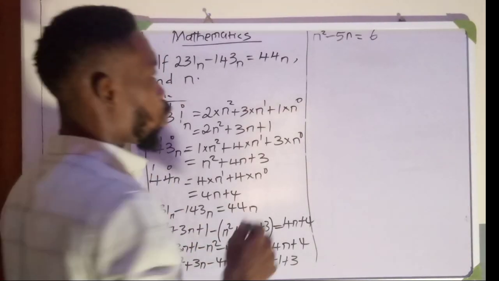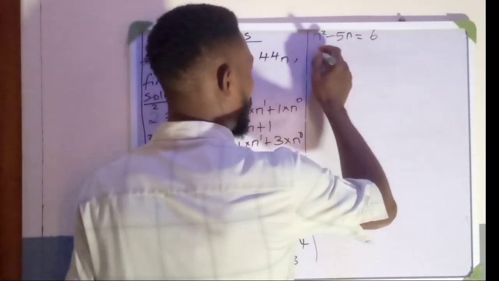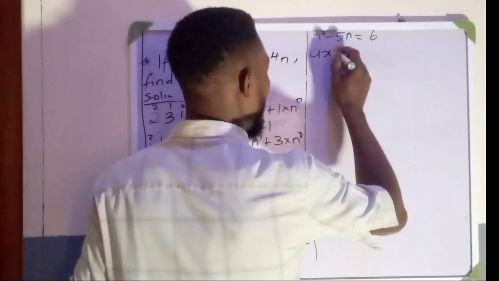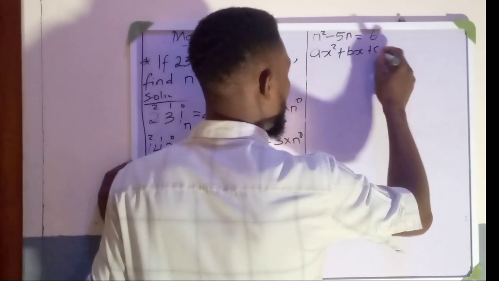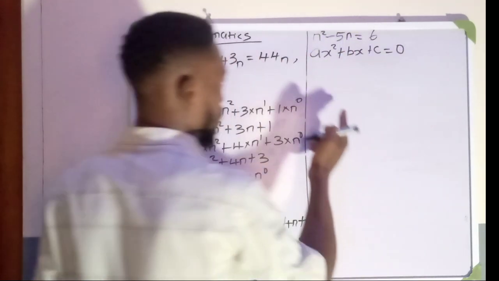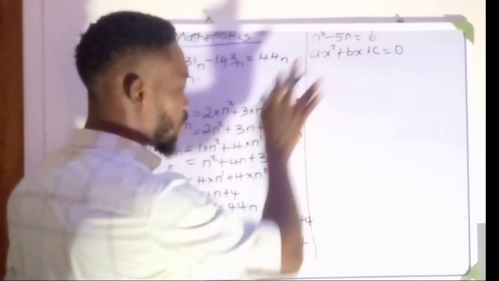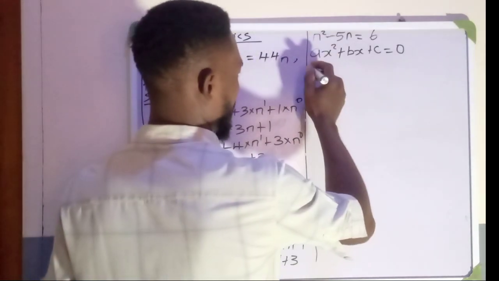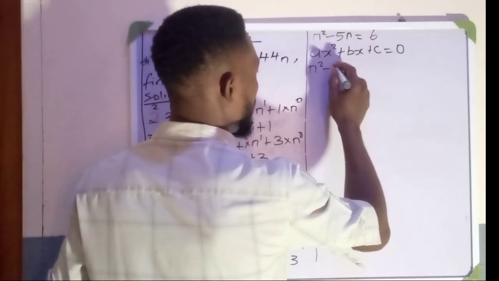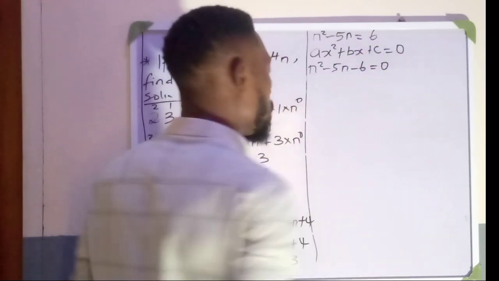This is a quadratic equation of the form ax squared plus bx plus c is equal to 0. So let's make our own equation conform with this particular format of a quadratic equation. So this is n squared minus 5n minus 6 is equal to 0.